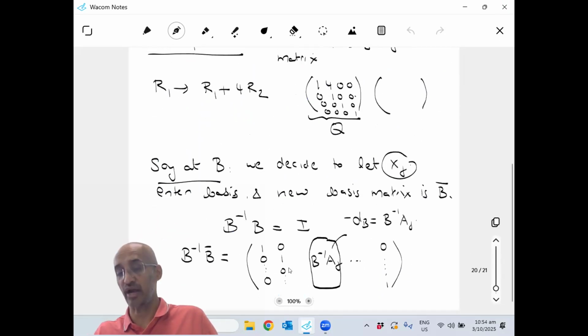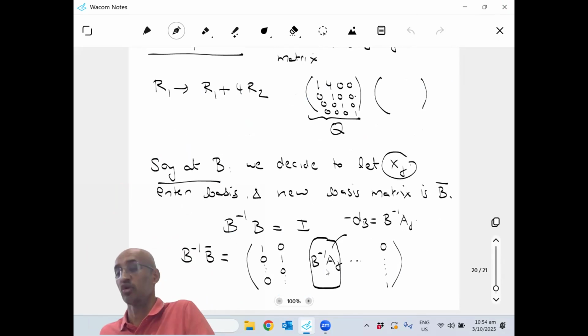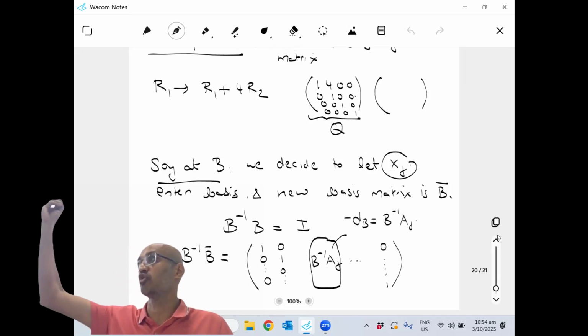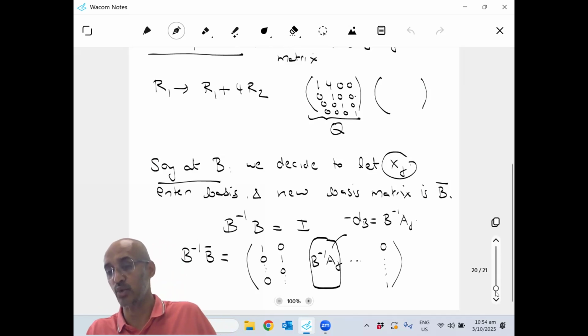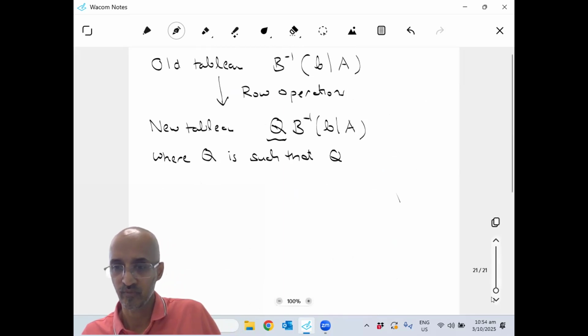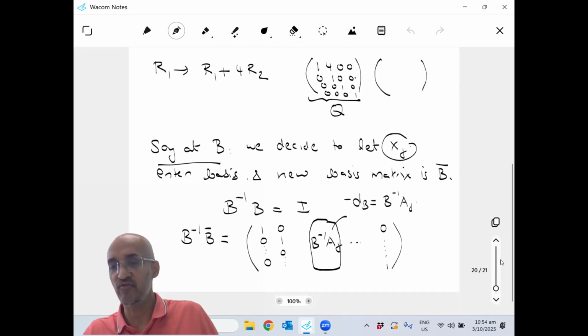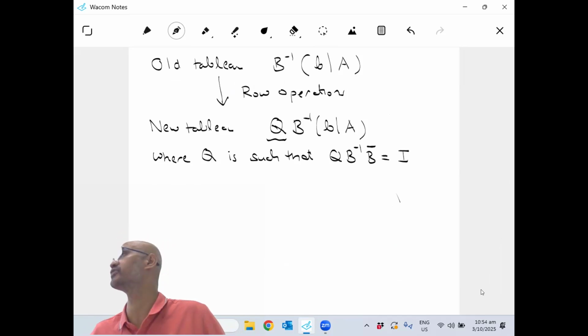I applied a matrix so that this became identity. The pivot entry became a 1, everything else stayed a 0. So I converted it back to an identity. Q is such that Q times B inverse B bar became identity. This is exactly what we did with the row operations.